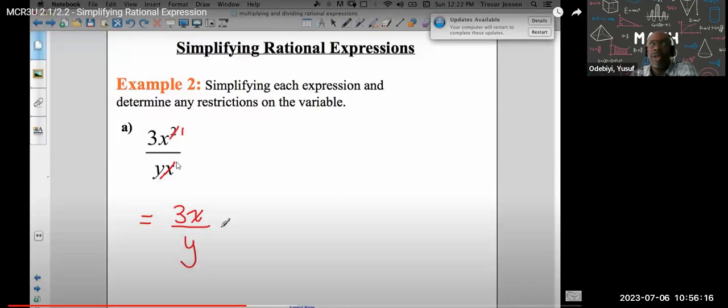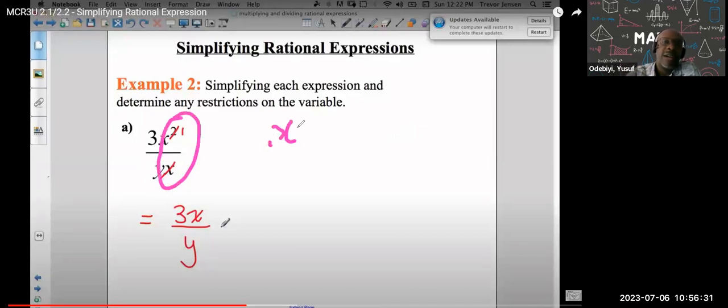Now what happens is if you use your exponent rules, right? Using the exponent rules here with my x's, I'm going to have x to the power of 2 divided by x to the 1.